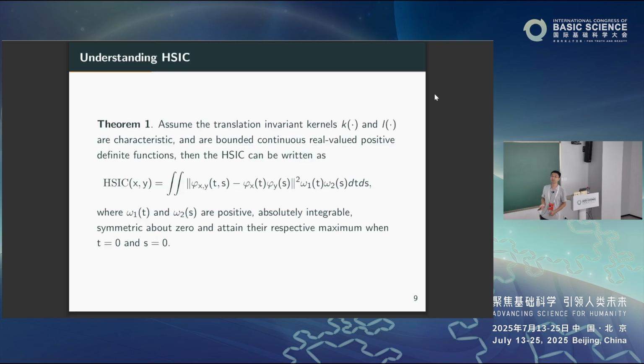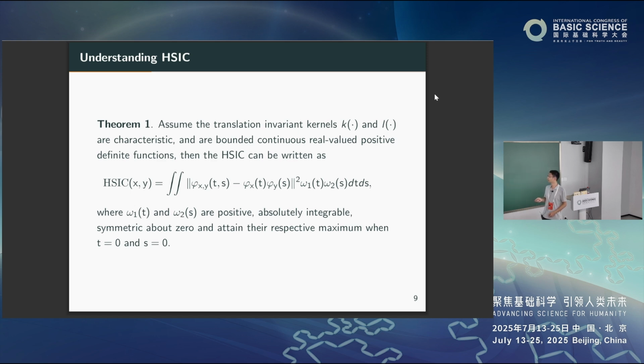So our first finding is that if we use translation invariant kernels, the HSIC can also be written as a weighted L2 norm of the difference between the joint and the marginal characteristic functions. And the weight functions satisfy that they are positive, absolutely integrable, and symmetrical about zero, and attain their maximum at zero.